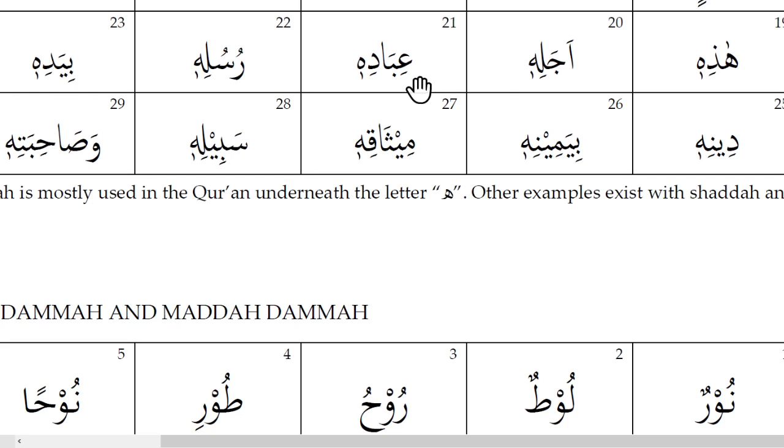Next one, 21. Short in the beginning, I. And long, ba, I, ba. Short after, di. I, ba, di.